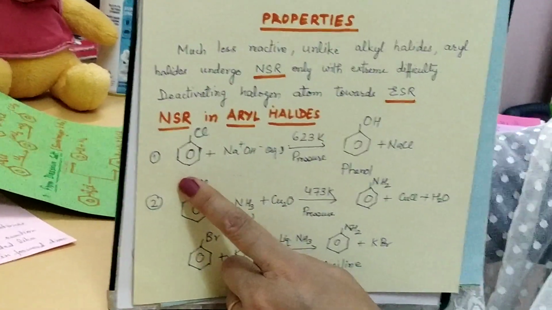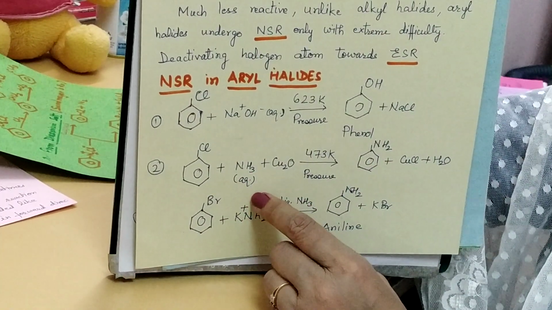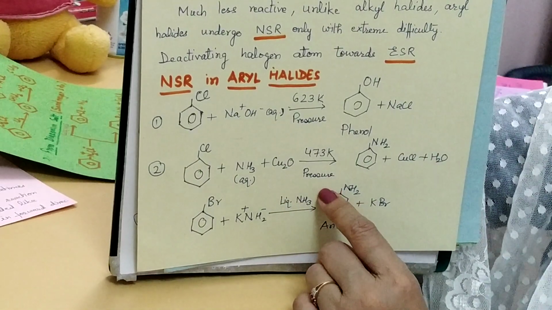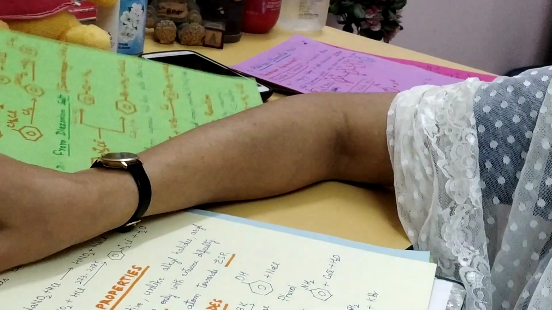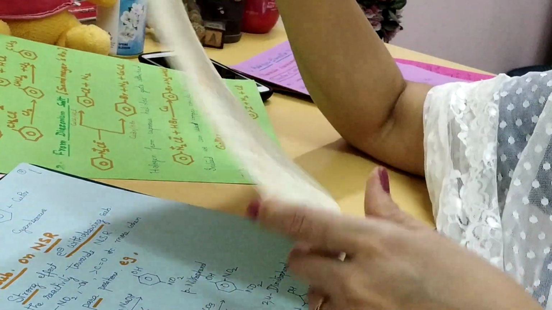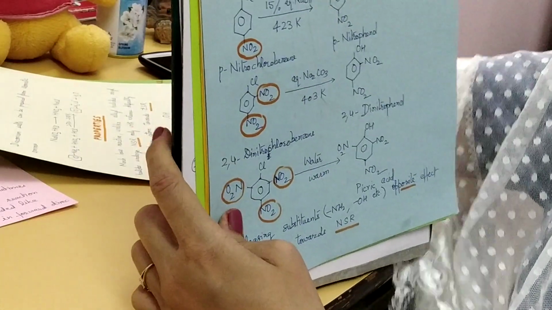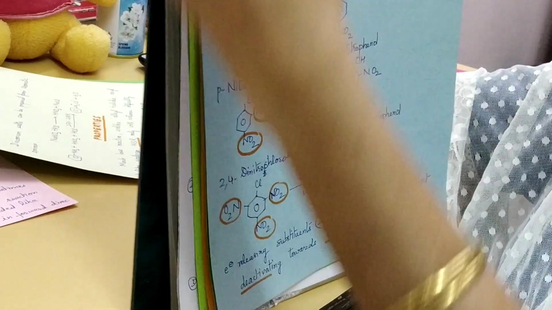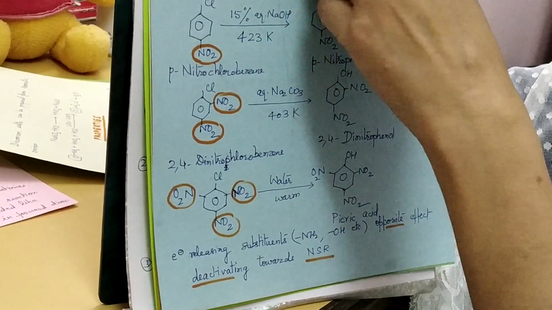If you treat, for example, chlorobenzene with NaOH, you obtain phenol here, and if you take ammonia in the presence of copper oxide, again at high temperature and pressure, you can obtain aniline. Another example we can take is that of the formation of aryl cyanide, in which you take bromobenzene, again at high temperature and pressure in the presence of a catalyst, and you obtain cyanobenzene.